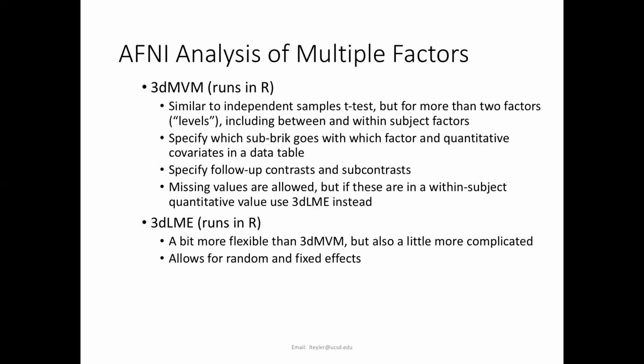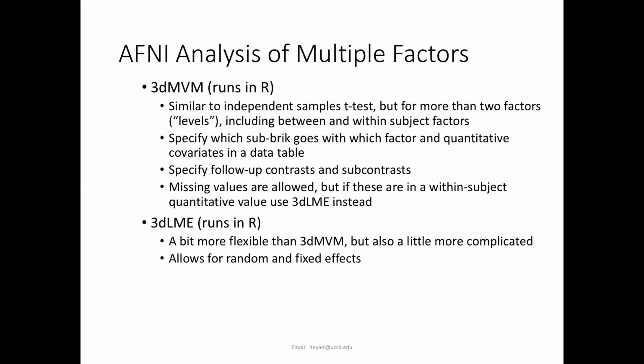Earlier versions of ANOVA in AFNI did not allow that. You had to have exactly the same cell size, which was really annoying, because it wasn't even about missing values. If you just ended up having 12 healthy controls and 16 people with bipolar disorder, you couldn't run that ANOVA because you had to have the exact same cell size.